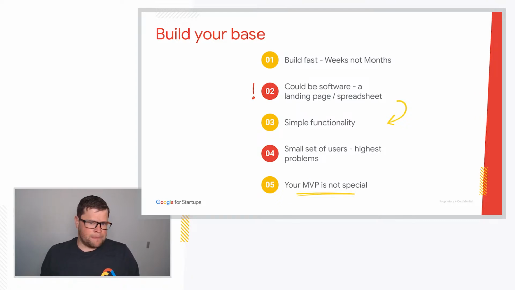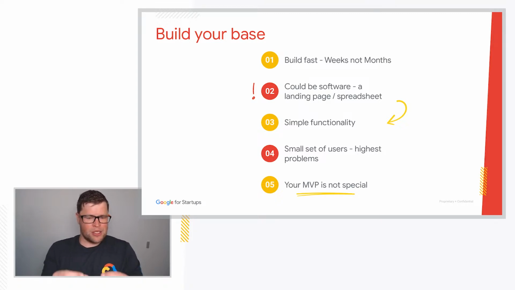Sounds pretty simple, right? Well, the whole point of this is your MVP, your 0001, you should be able to build fast. And by fast, we're talking about weeks, days, definitely not months. This baseline, as I've said, it could be a landing page, it could be a form, right?